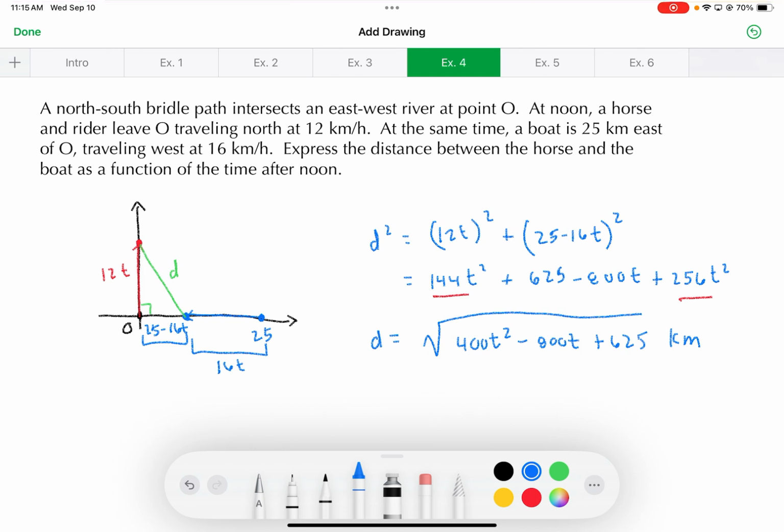Okay. Then I think we can simplify that radical a little bit. There's a common factor there that I can pull out of 25, which is nice because that's a perfect square, right? So I pull that 25 out, I get 16t squared minus 32t plus 25 left.